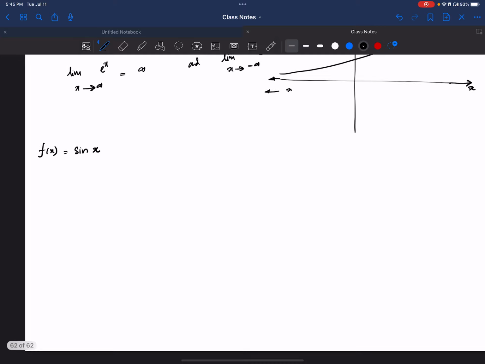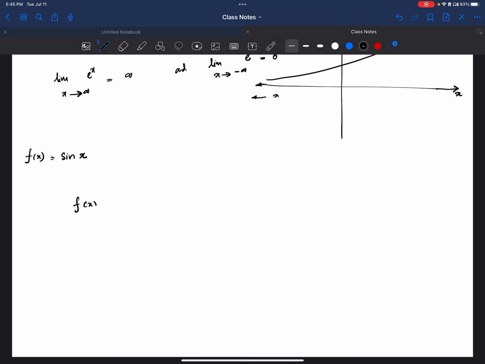So I'm going to take a function f(x) equals x to the power n, where n could be any positive number. If it is any positive number, the limit as x goes to positive infinity of x to the power n goes to infinity. This is for any positive number.